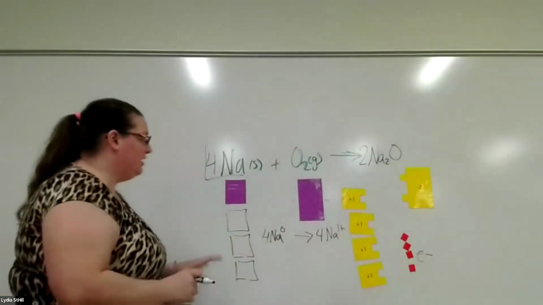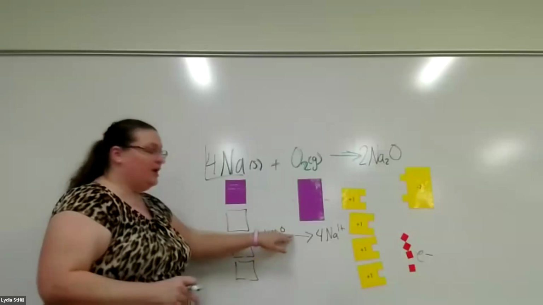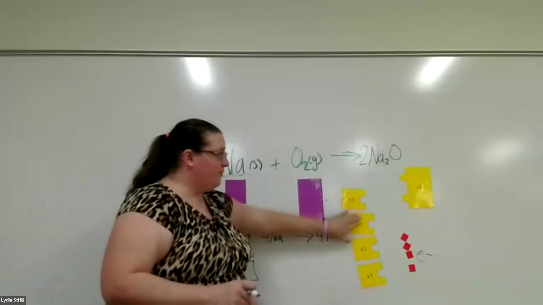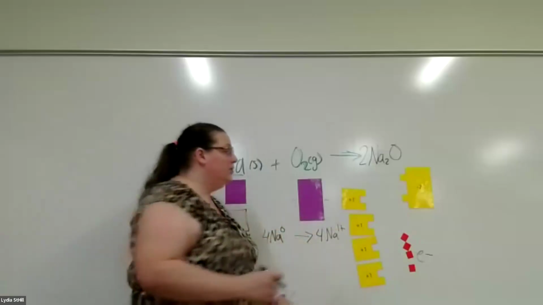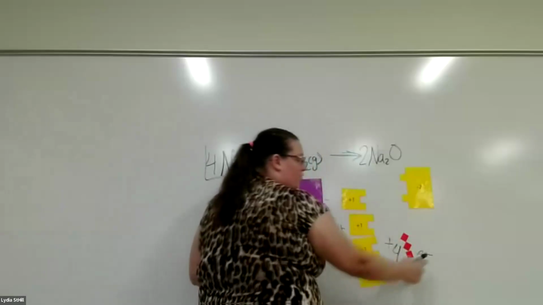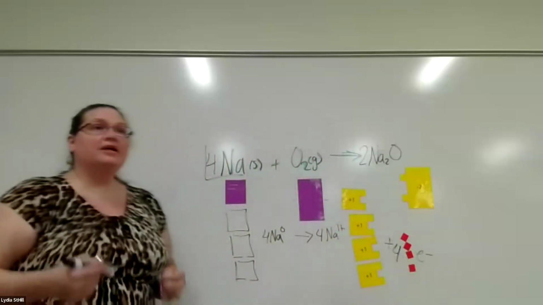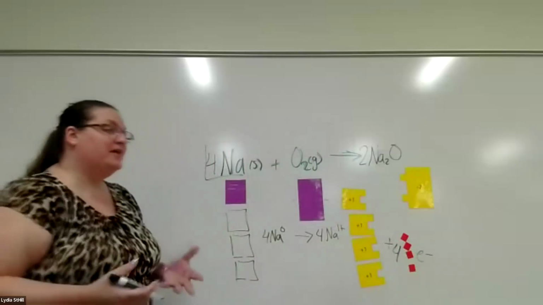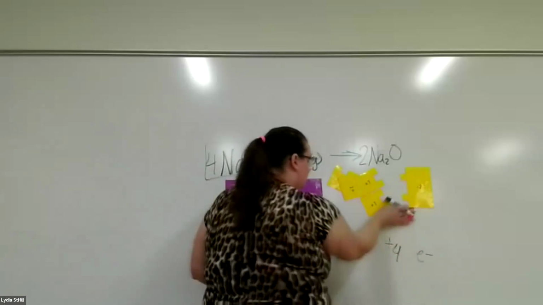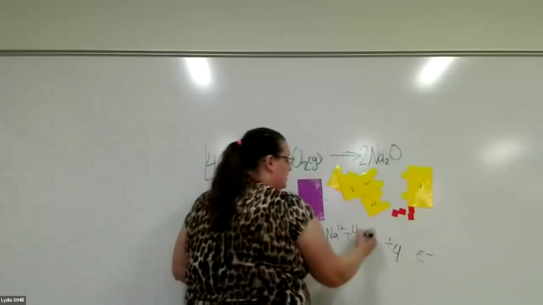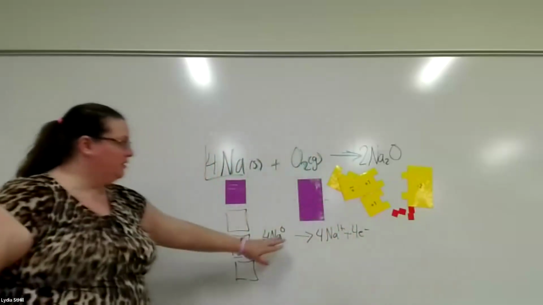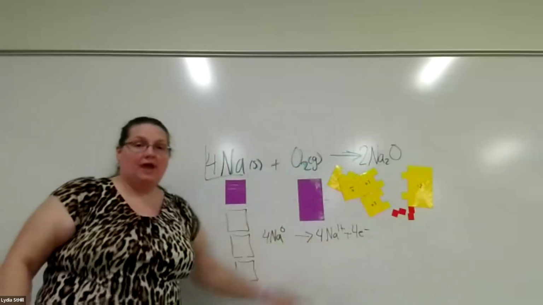And so what we're going to say here is we have 4 Na at a 0 charge goes to 4 Na with a 1 plus, because we have 4 with a +1, plus we're going to have 4 electrons, 1, 2, 3, 4. So when we write this half reaction, what we're basically saying is that we have to balance it by saying which side those electrons go on. So this is what's happening for the 4 Na.